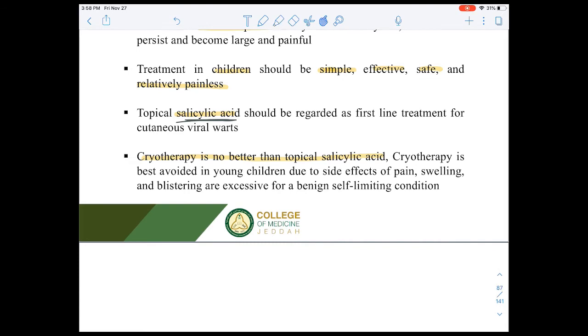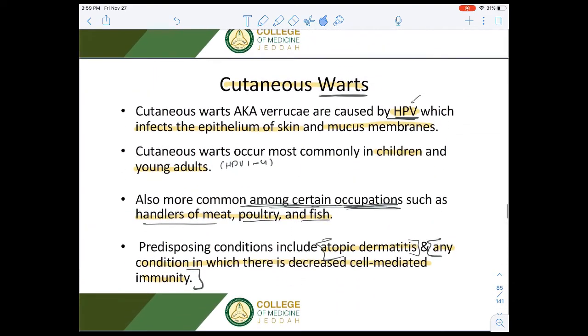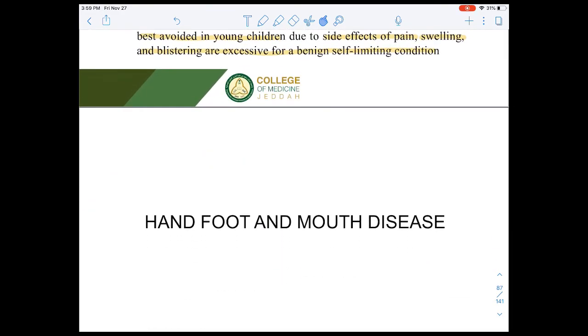Again, the doctor has mentioned here that cryotherapy is best avoided in young children because the side effects of pain, swelling, and blistering are excessive for a benign self-limiting condition. So this is a condition that would eventually resolve, and you don't want to cause all of these different effects for a simple condition such as this one that might eventually resolve on its own.